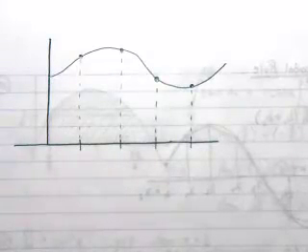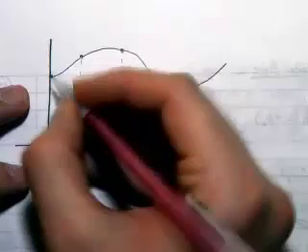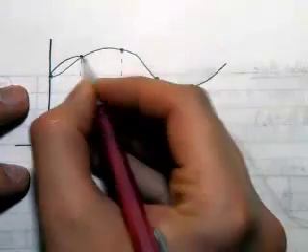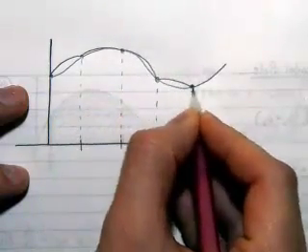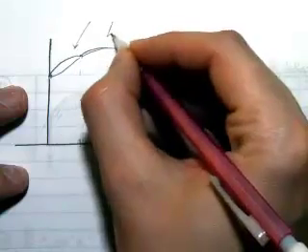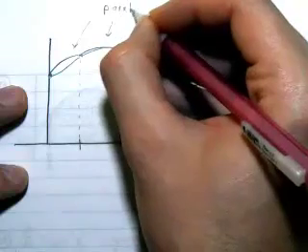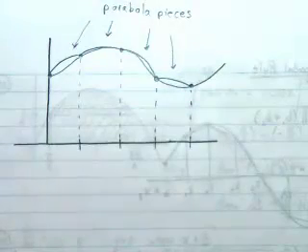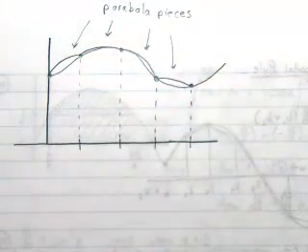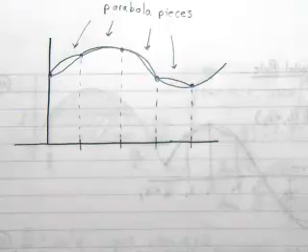On top of each one, rather than making a straight line from one point to the next, what Simpson's rule does is it makes a little parabola piece on top of each one. Those are each little parabola pieces that kind of wave around. And because the parabola can be curved, it can more closely represent what you have. Okay?